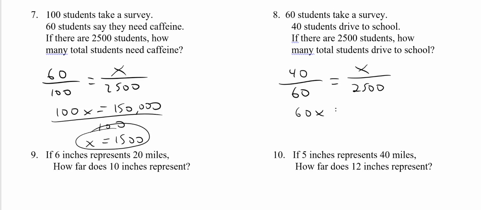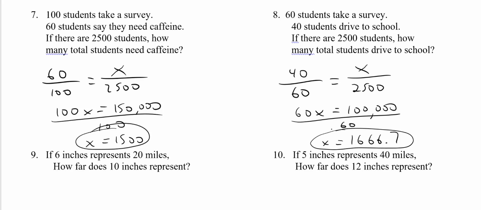So 60x is equal to 100,000 divided by 60. So we get x equals 1666.7. If I was actually doing this problem, I would say 1,667, but if you put that in there, that's okay. It's good enough for me.